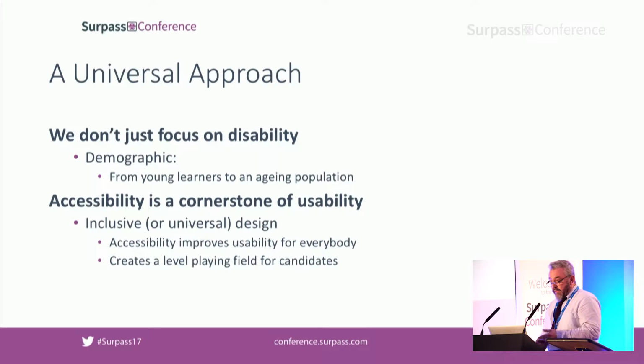So the idea of universal design, which is something that Richard touched on earlier on, is something that we adopt within the design process. I'm a strong believer that accessibility improves usability for everybody. But more importantly, it creates a level playing field for candidates, especially when you think about the kind of numbers that we were looking at in the previous slide.